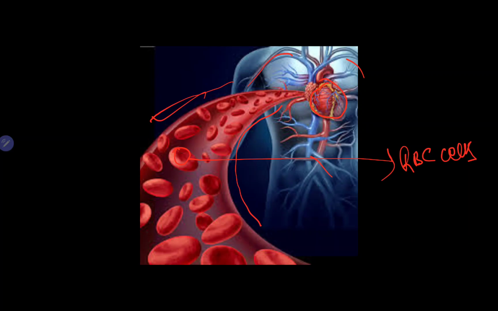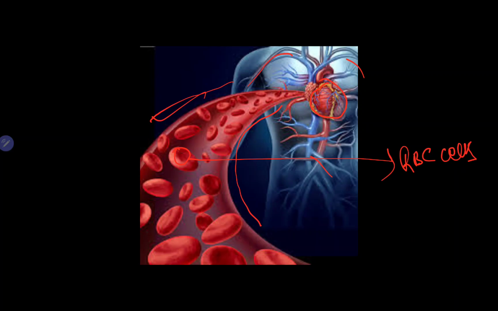Blood delivers oxygen, hormones, glucose and other components to various parts of the body, including the human heart. The heart also needs nutrients, oxygen and other ingredients for its proper functioning, so the blood delivers these to various parts and also to the heart itself.